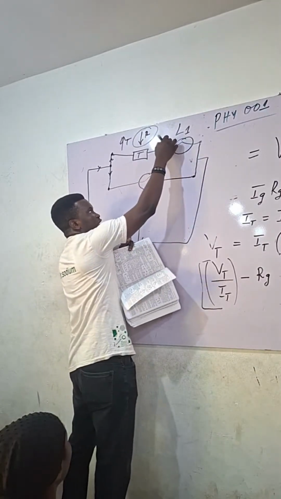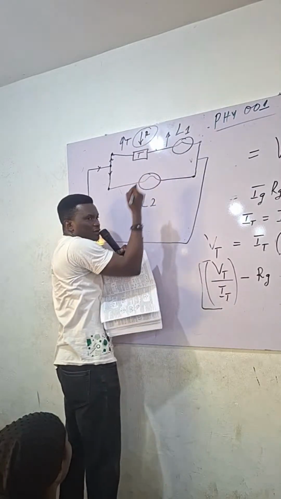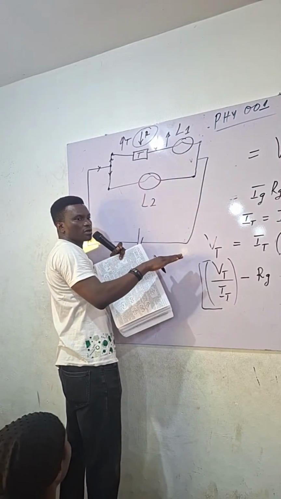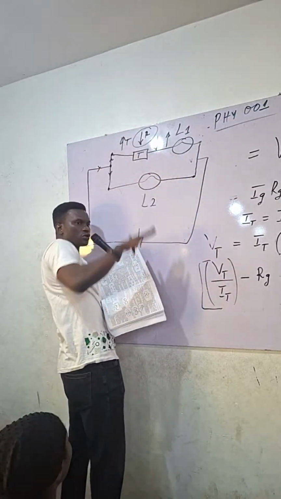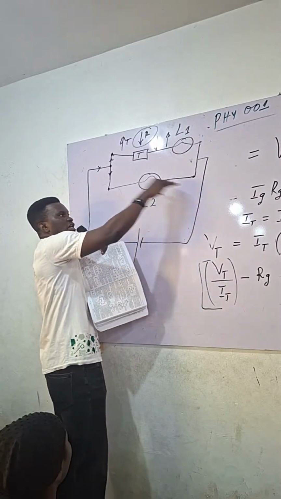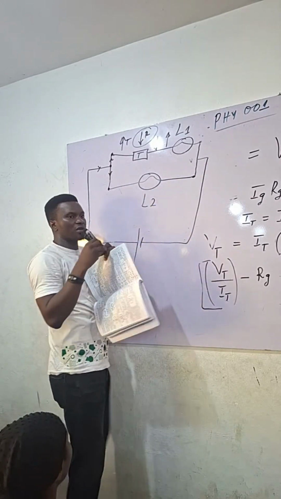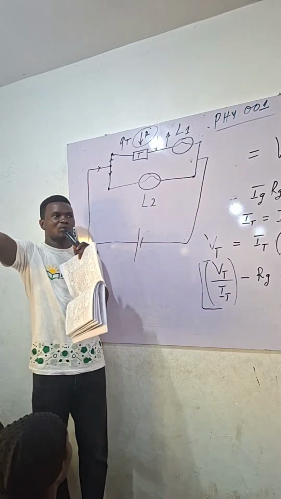This one can get brighter if the resistance drops, and it can get dimmer if the voltage drops. If the resistance increases and voltage drops, then this one will get dimmer. But for this one, nothing is affecting it. It remains the same.